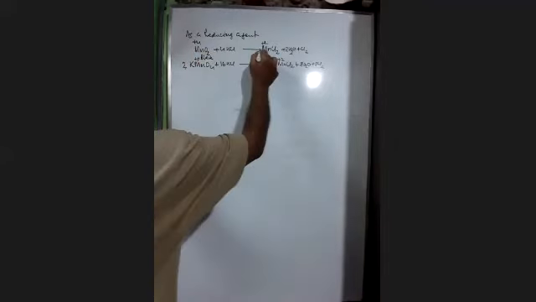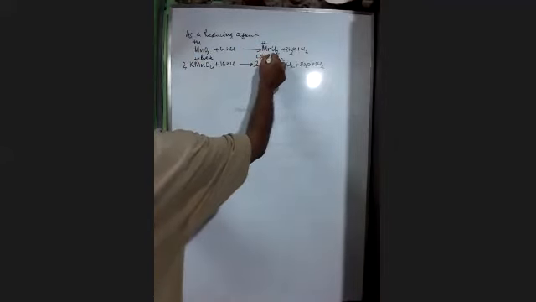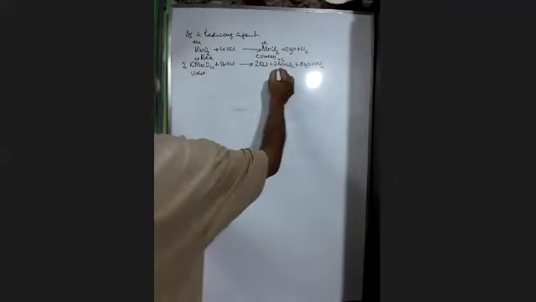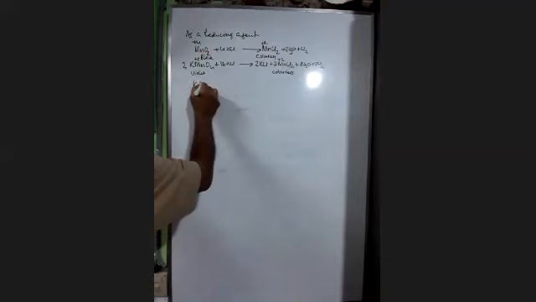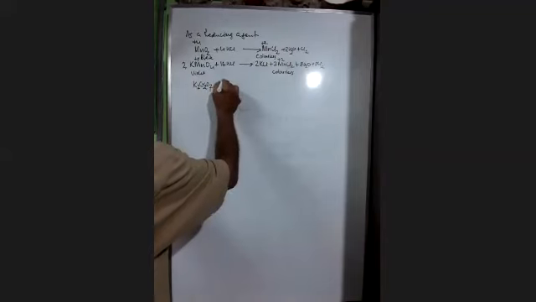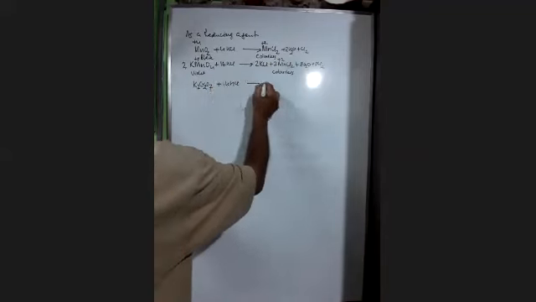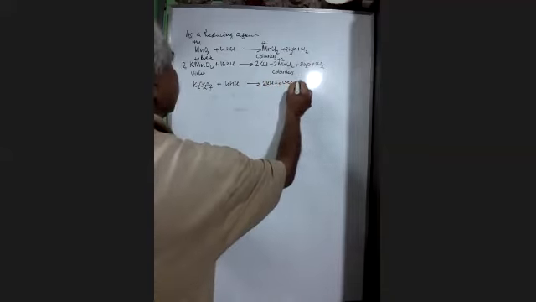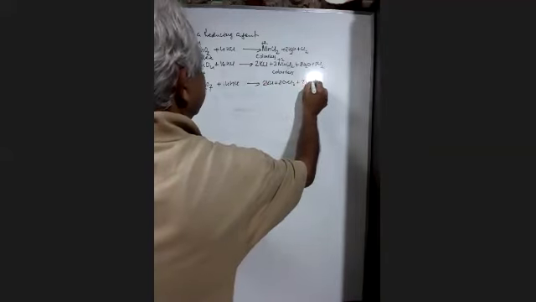Now for your information, this is a black powder and this is the color. This solution is violet. Now I write one more: potassium dichromate, for your entrance exam. This is not given in your book. Your book is horrible. 14 HCl, so it gives you 2 KCl, 2 CrCl3, 7 H2O plus 3 Cl2.